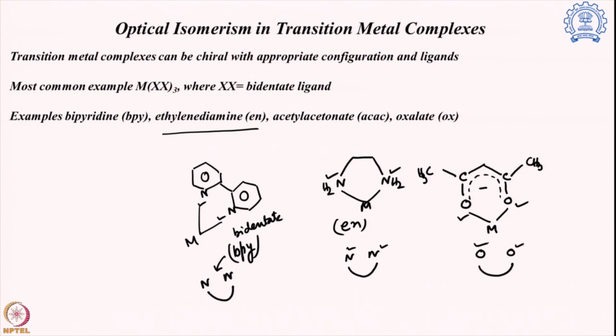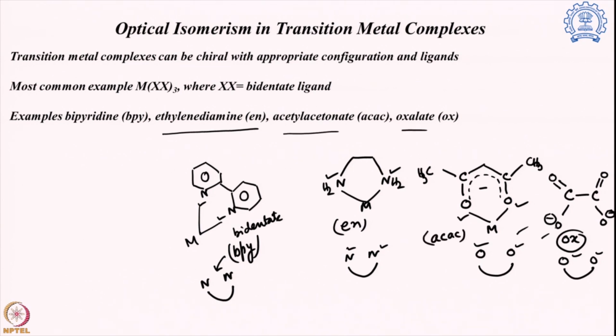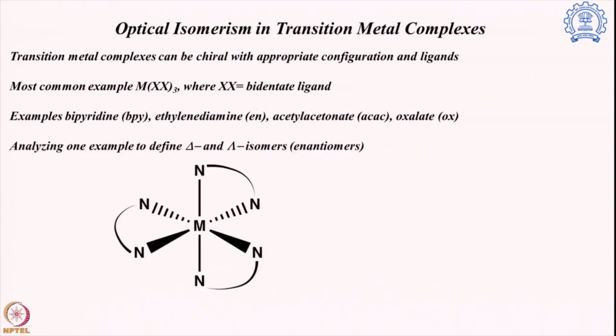Then we can have oxalate, which can be shown here, a similar bidentate ligand, and acetylacetonate, whose short form is ACAC. These are the most common bidentate ligands which can bind a metal at 2 different sites.